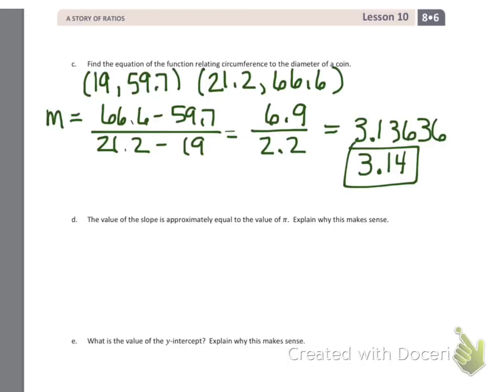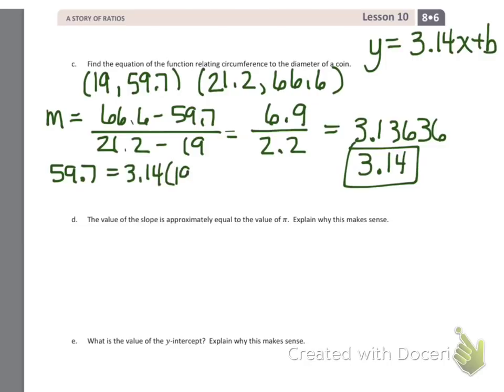Okay, and so we know this is a linear relationship, so we're doing y is equal to mx plus b. So we've got 3.14 times x plus b. So we'll put one of these points in. Y is 59.7, which is equal to 3.14 times 19 plus b.